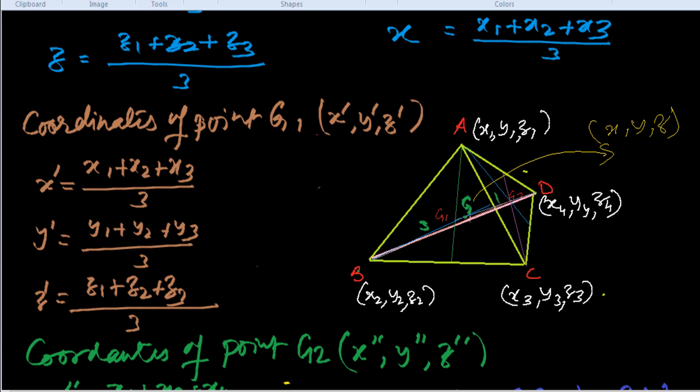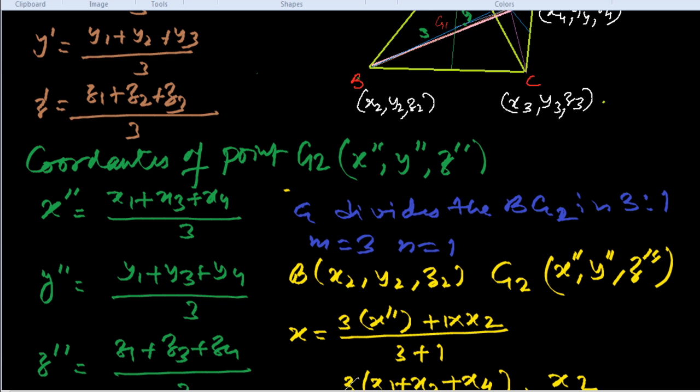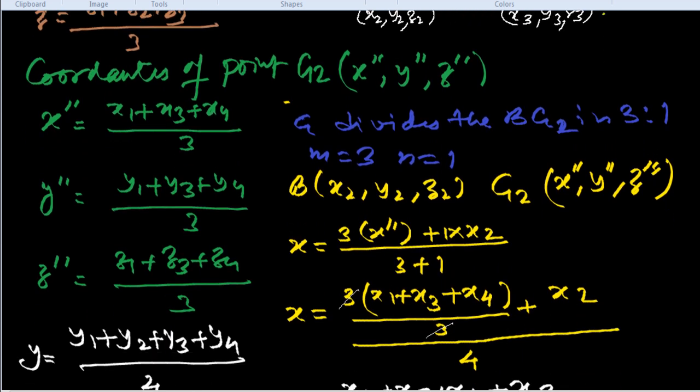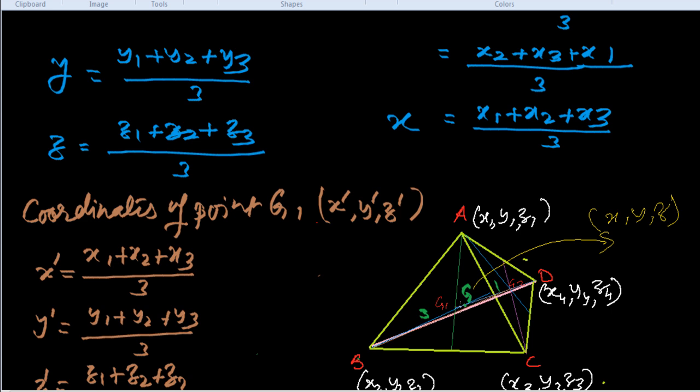So the coordinates of this point are (x, y, z). Where the mummies are kept in a pyramid, it is at the centroid of the pyramid that they are always kept. So B (x2, y2, z2) and G2 (x double dash, y double dash, z double dash) we put in the section formula, because the centroid in space always divides these lines in a 3:1 ratio.